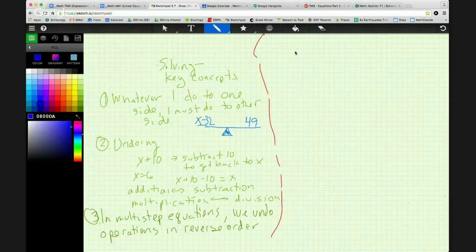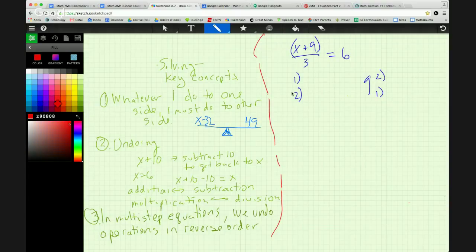So this problem is going to be x plus 9 divided by 3 equals 6. What's the first thing I did and then the second thing I did, and we're going to undo them in opposite order. So fill out what we did first, what we did second, and then what undoes that in opposite order.